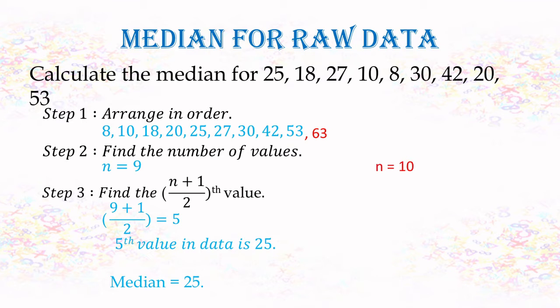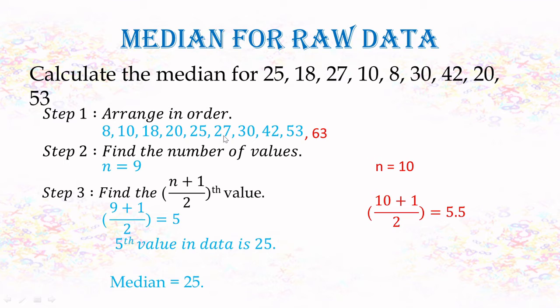Now (n plus 1) divided by 2 would be 5.5. So the 5.5 position in these arranged values means we have to take the average of the fifth and sixth values.